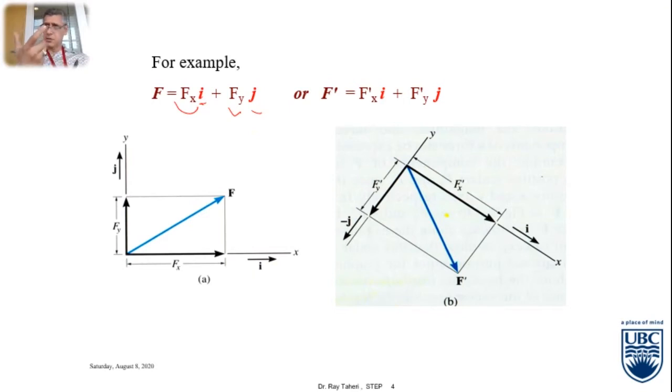It is very commonly acceptable, depending on the problem. You can rotate these axes the way you want. In this case, they are very straight. Sometimes you need to rotate them to make it easier. As long as these two are 90 degrees, always x and y are perpendicular to each other, the problem could be solved.